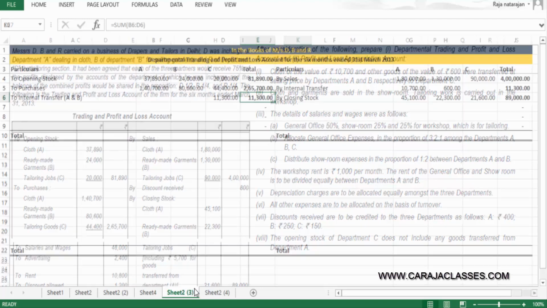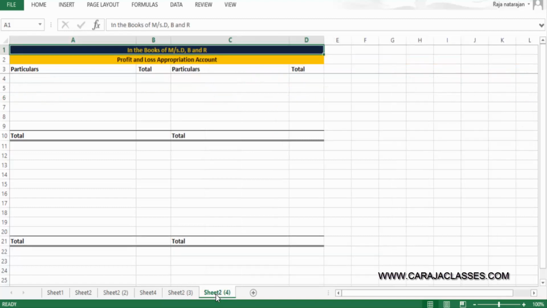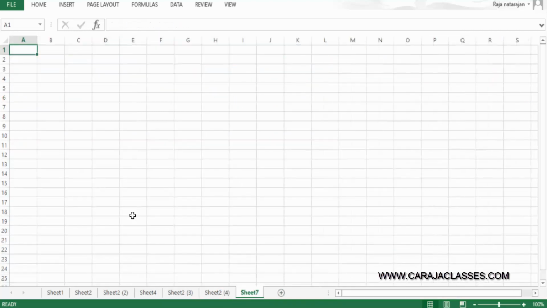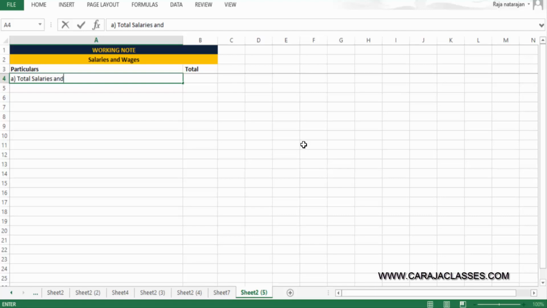So what we can do is have a working note for salaries and wages. Fine, I have this structure. Based on the information given in the question, total salaries and wages is 48,000. What we have to understand is for what purposes these salaries and wages are paid.